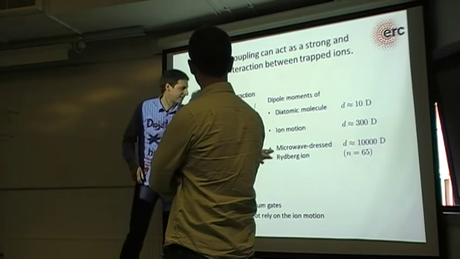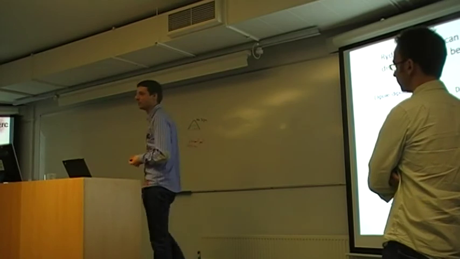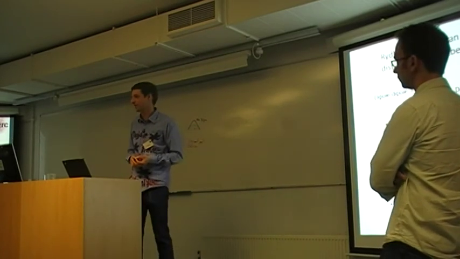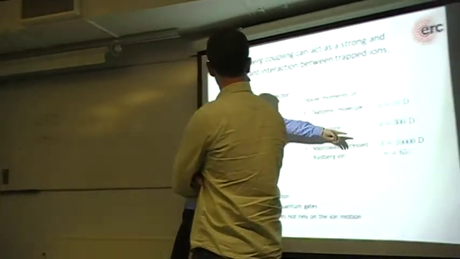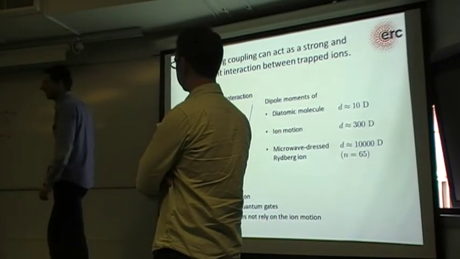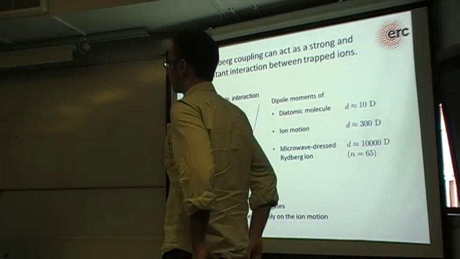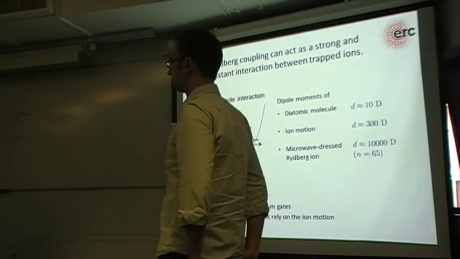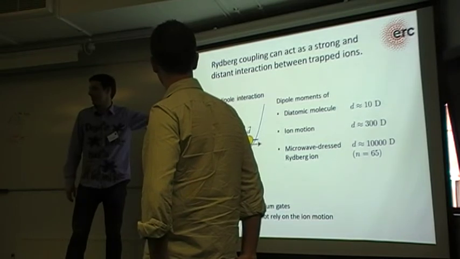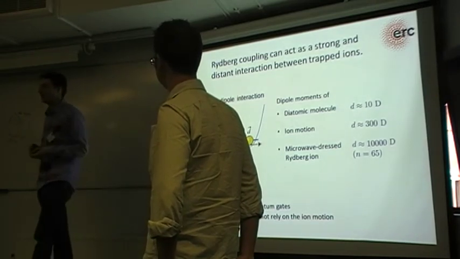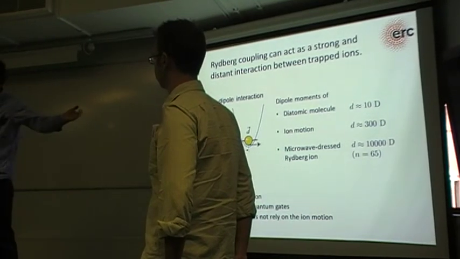On the other hand, for example, microwave-dressed Rydberg ions would get a much bigger dipole moment, and due to that, of course, the interaction would also be much faster. Because if you have a factor of 30 or something like that increase in dipole moment, you get a factor of 100 or so. Of course, you're probably running into other problems, because the Rydberg states are of course not very long-lived, and due to the lifetime of these Rydberg states, you might get infidelities.